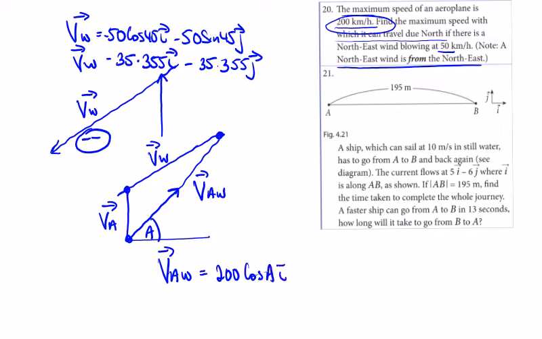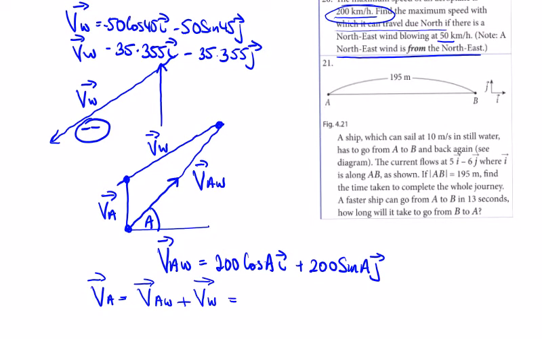So the velocity of the airplane relative to the wind, it can travel 200, the max speed, so it's 200 cos A in the I direction, and positive plus 200 sine A in the J direction. The velocity of the airplane is the velocity of the airplane relative to the wind plus the velocity of the wind.